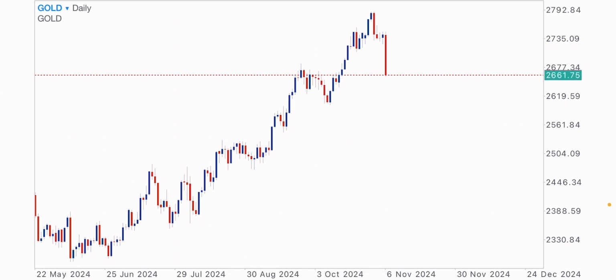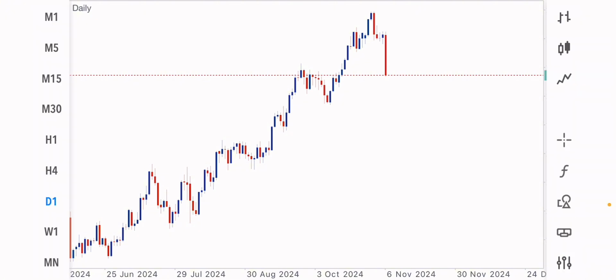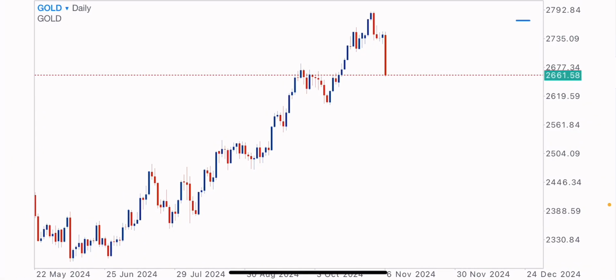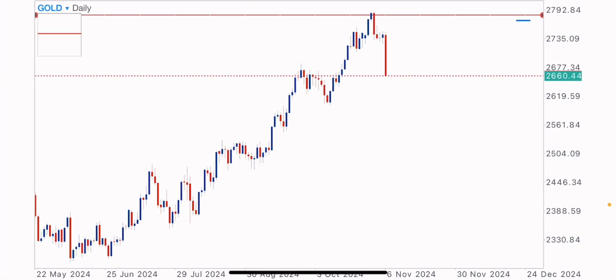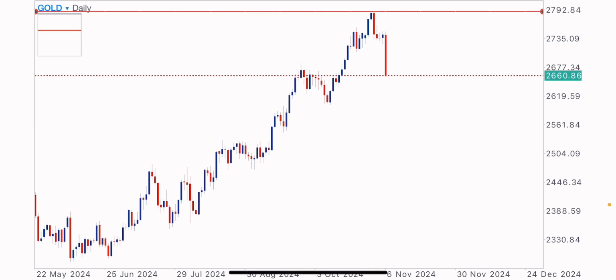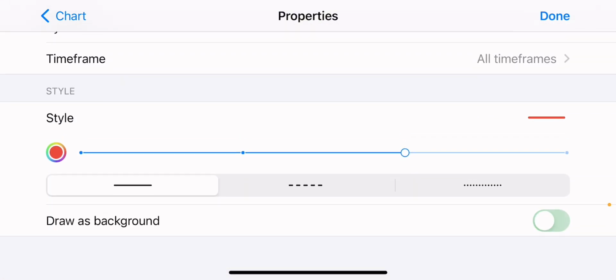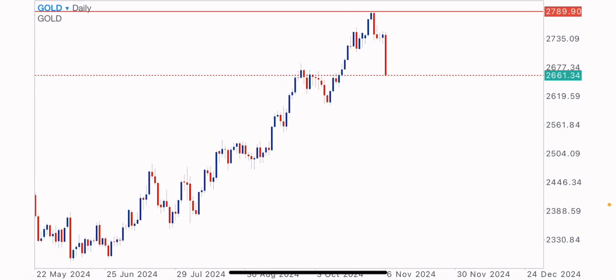Okay, so looking at a higher time frame, we can actually start by spotting our major key zones, which our first major zone is this zone here. Let me do this so you guys can properly see the numbers, the price. Okay, so we have a highest zone at 2789.90, right?